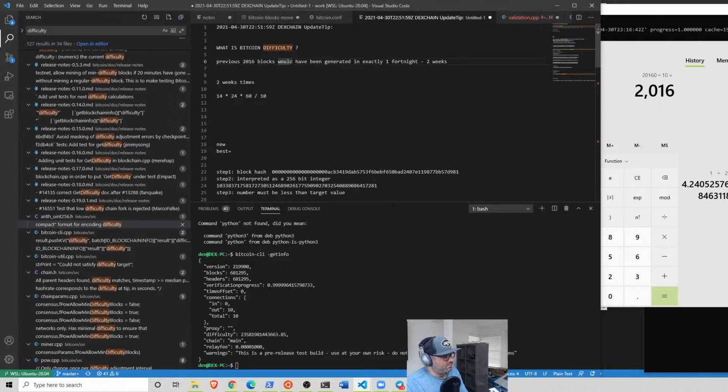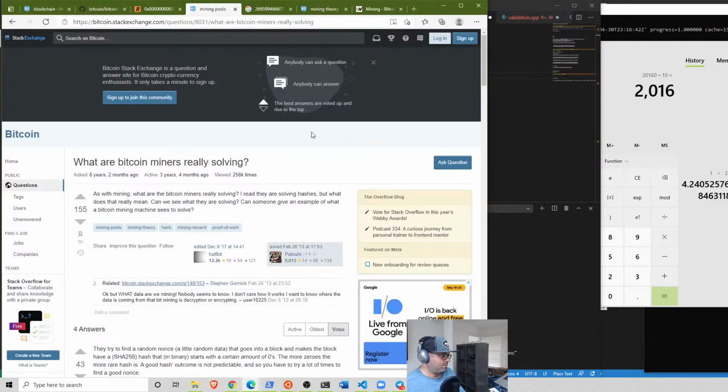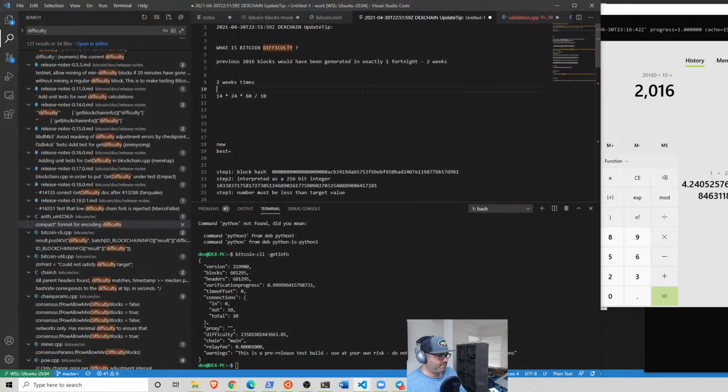I don't know how we do that, so that's for a different time. How do we estimate from the previous hashes? If 2016 blocks took less than 2 weeks, then we want to make the difficulty higher. If it took more than 2 weeks, we want to make the difficulty lower.